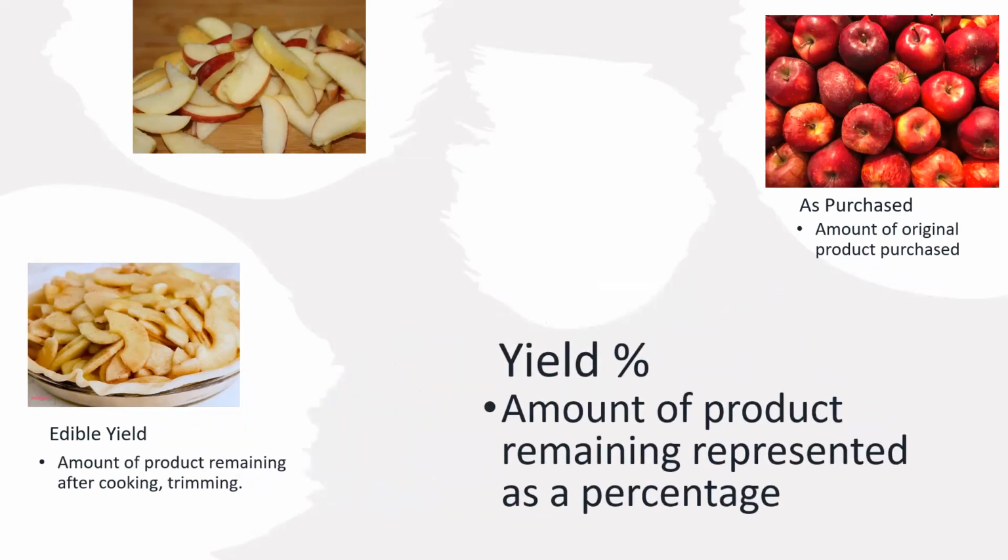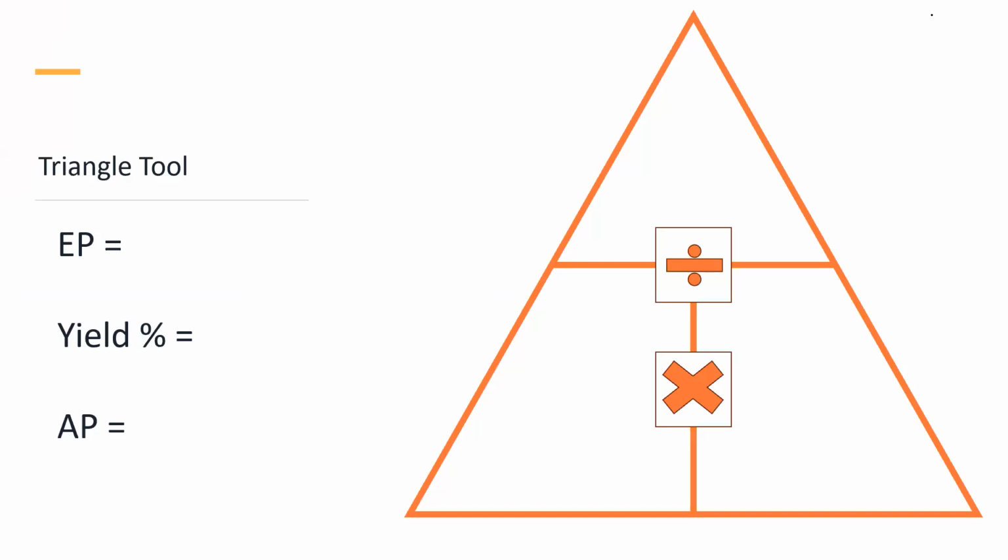Lastly, our yield percentage is that same amount of product that's left over, except now it's represented as a percentage, and we'll look at an example in a moment about how we can apply that yield percentage to figure out either how much to purchase or how much we should expect to have left over.